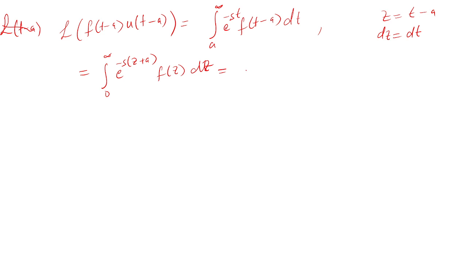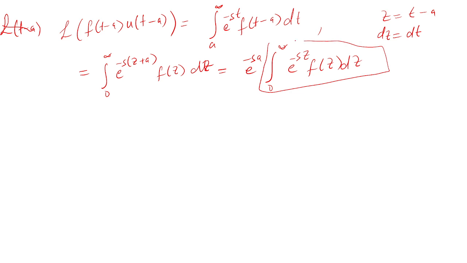We can write it this way: e^(-sa) times the integral from 0 to infinity of e^(-sz) f(z) dz, and we see this is the Laplace transform of f(t). So overall we have the Laplace transform of f(t minus a) u(t minus a) is equal to e^(-sa) times the Laplace transform of f(t).